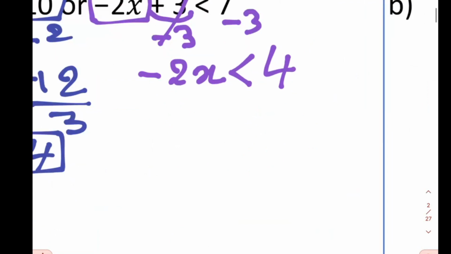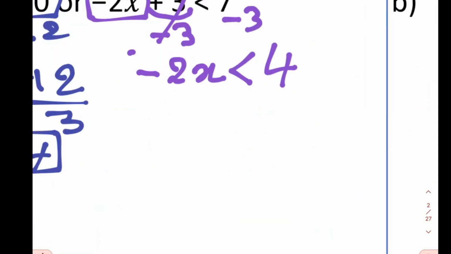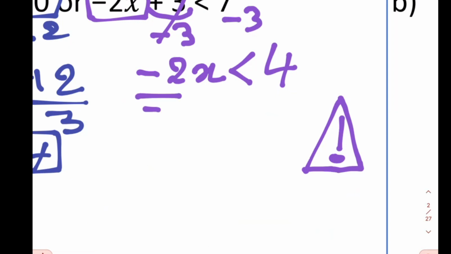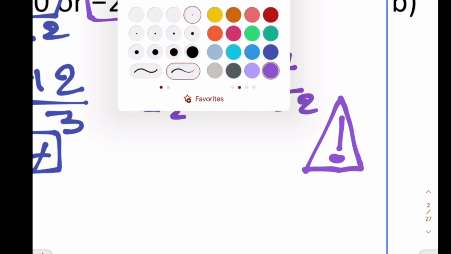Now we need to eliminate this negative 2. To do that, we have to divide by negative 2. However, here you have to be careful. Why do I say be careful? Because you're going to divide by negative 2. When you divide by a negative, you have to reverse the inequality.